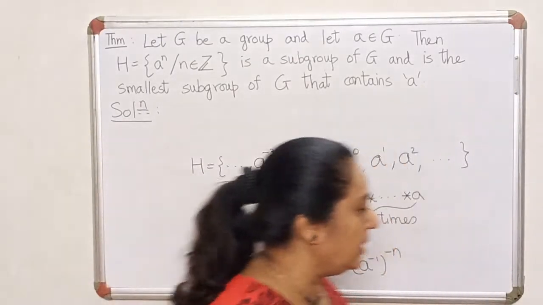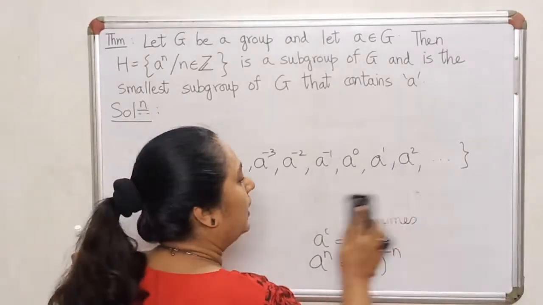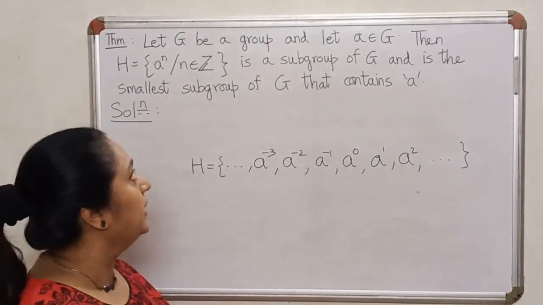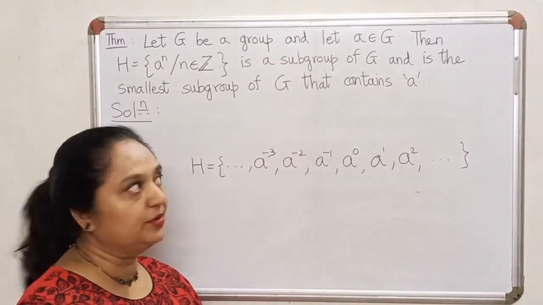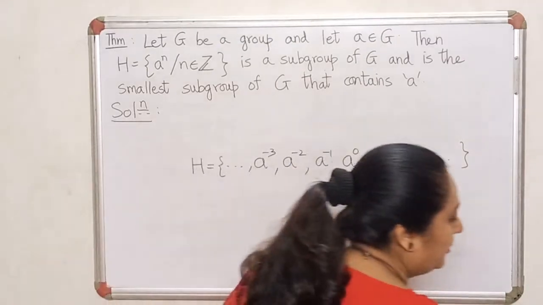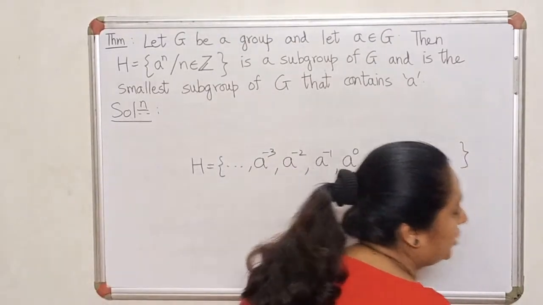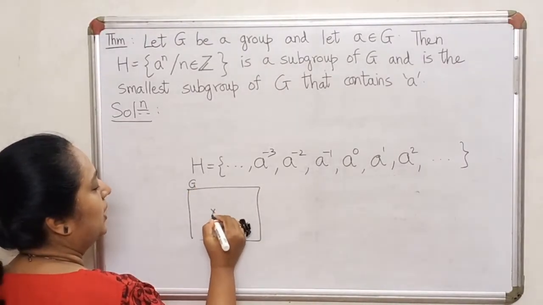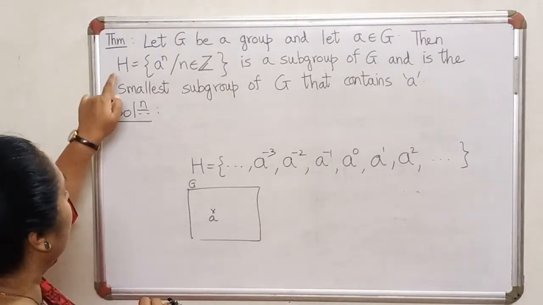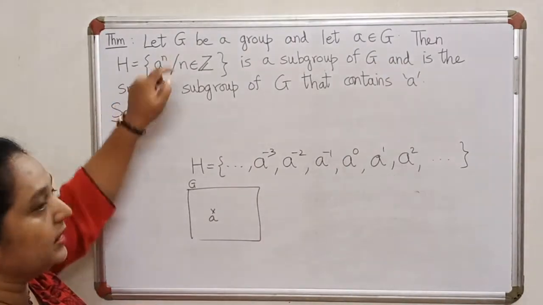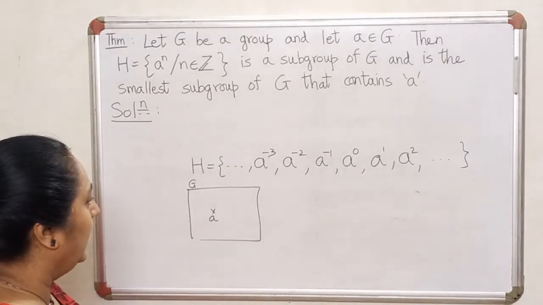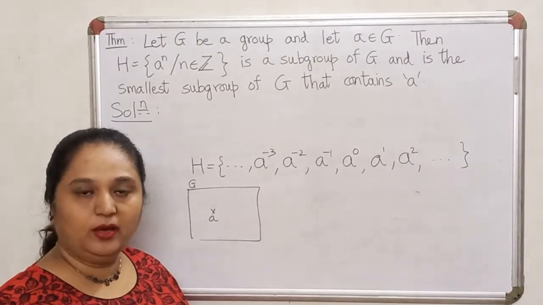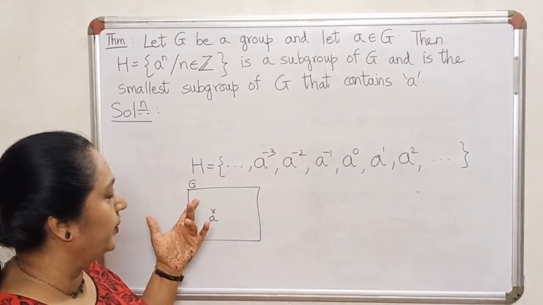So H is a set which contains all integral powers of A, and our first order of business is to prove that H becomes a subgroup of G. So let us first of all prove that H is a subgroup of G. Here I have a group G. I have an element A which lies in G, and I have defined H to be all integral powers of A. By closure property, all positive powers of A will belong to the group.